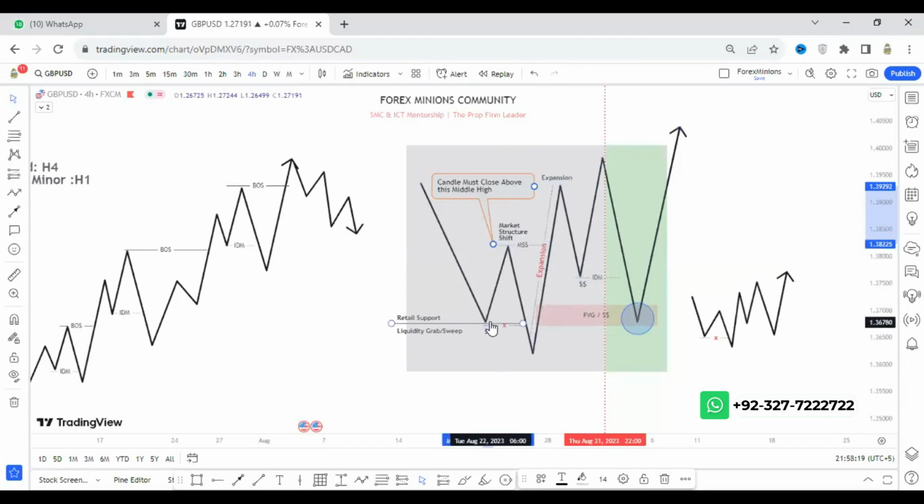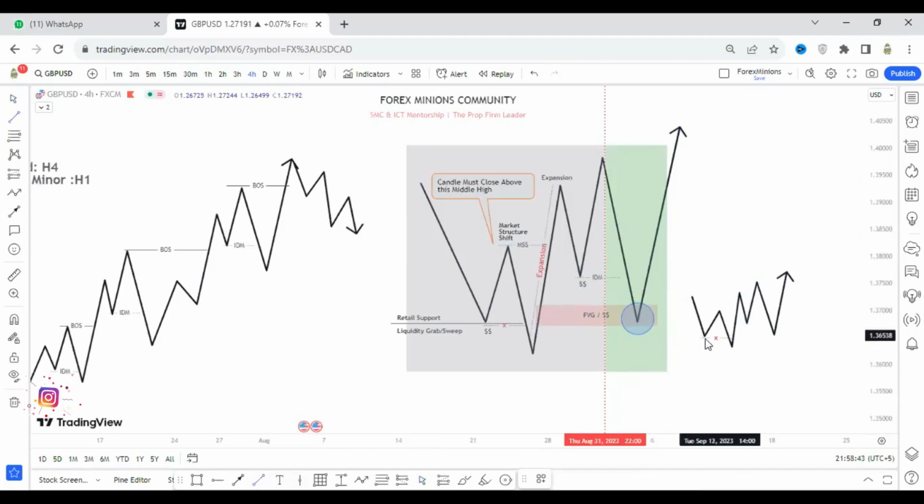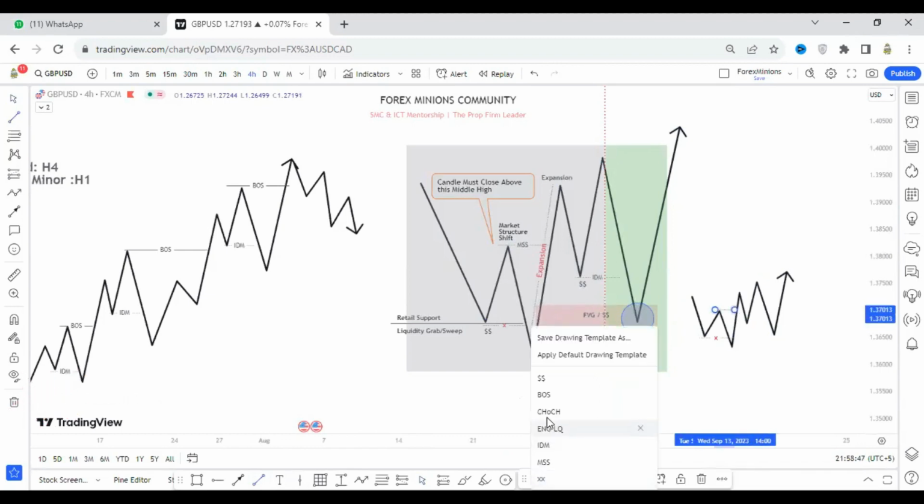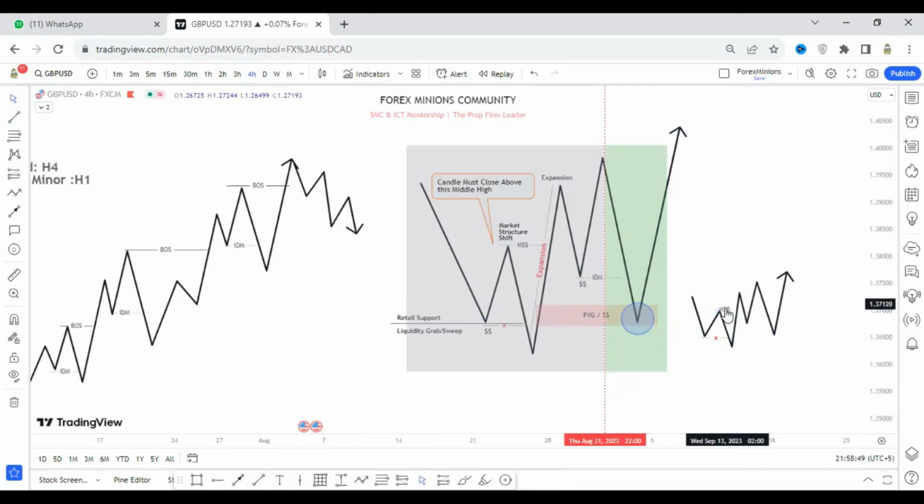The lowest point which created the retail spot, and the swing which came back to sweep the liquidity, that high from which the price reverted down, will be marked as the MSS, also known as market structure shift. Similarly, we will apply the same rule here in this circle, when the market sweeps the liquidity and closes above the middle high.